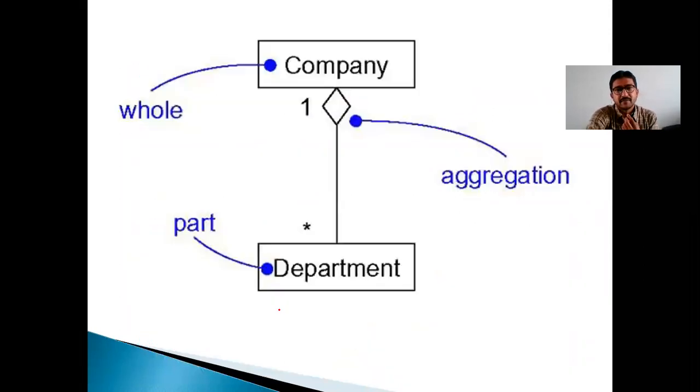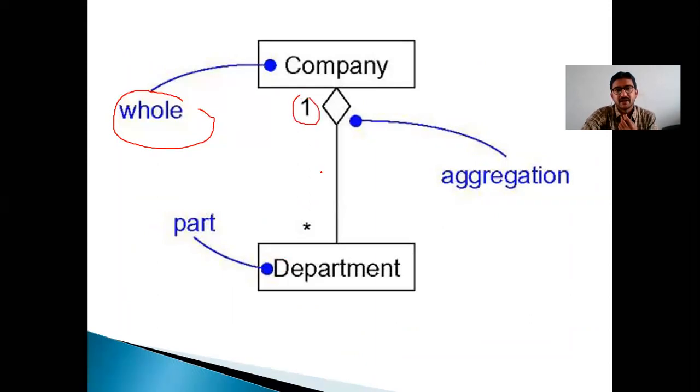Aggregation is a part of this. So for example, when we make a whole and part, the whole here is a company and the part is the department. In one company, many departments are there. If the company is removed, the departments are still alive.